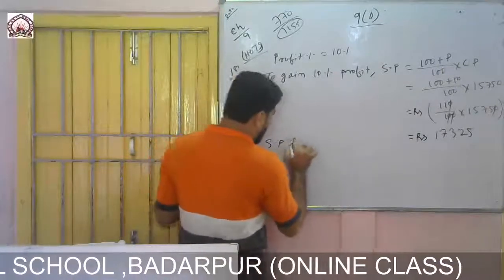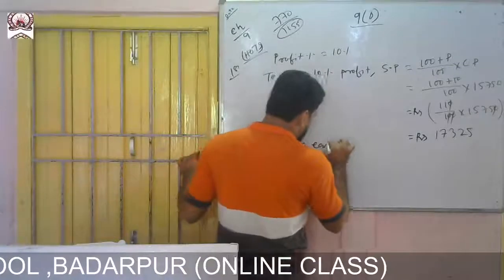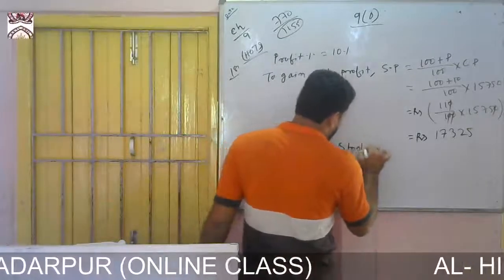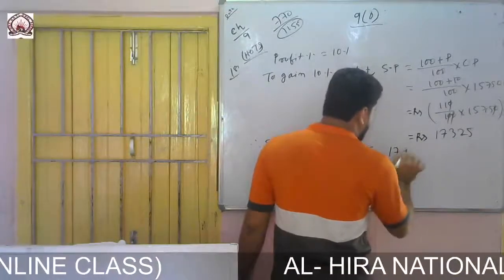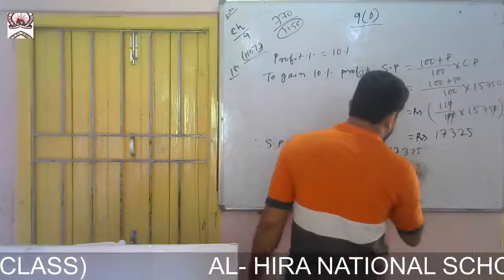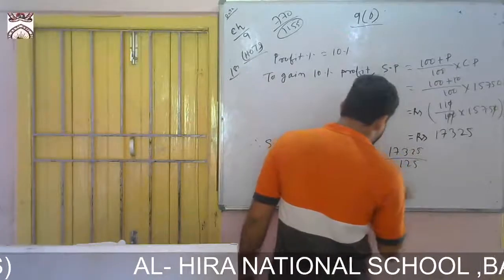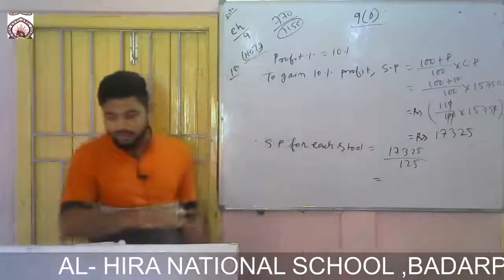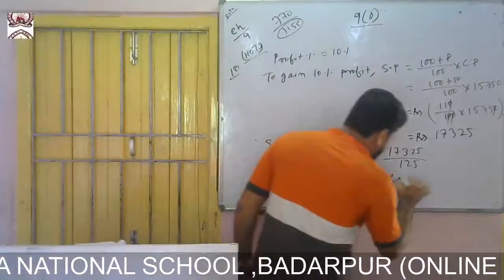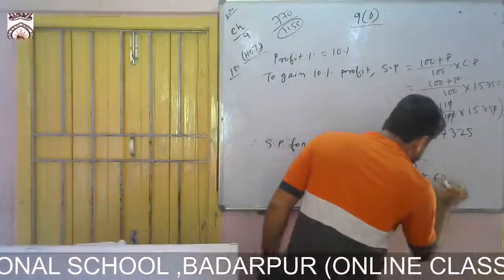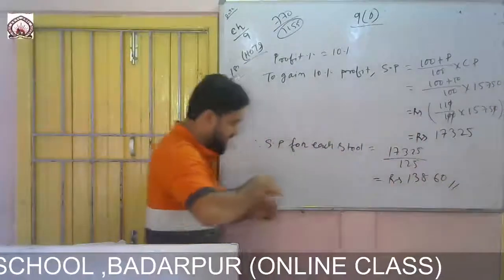Therefore, SP for each tool will be 17325 by 125. If you divide at your home, you will get the answer: 138.60 rupees.